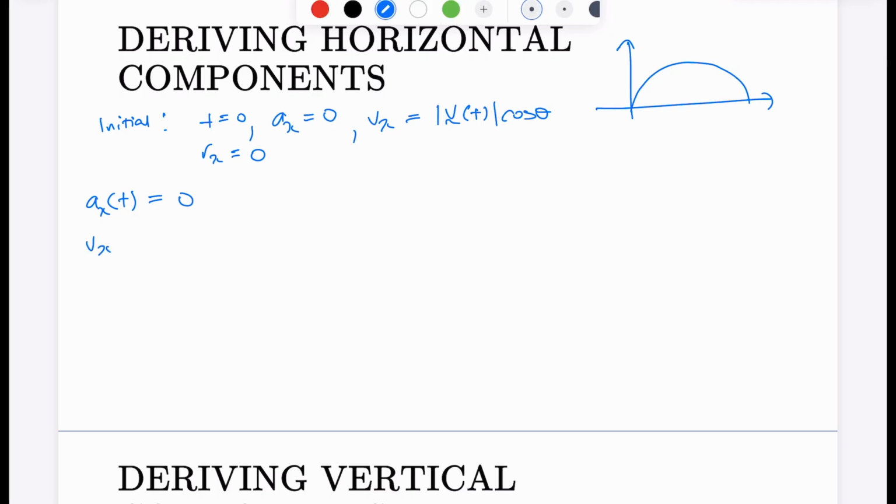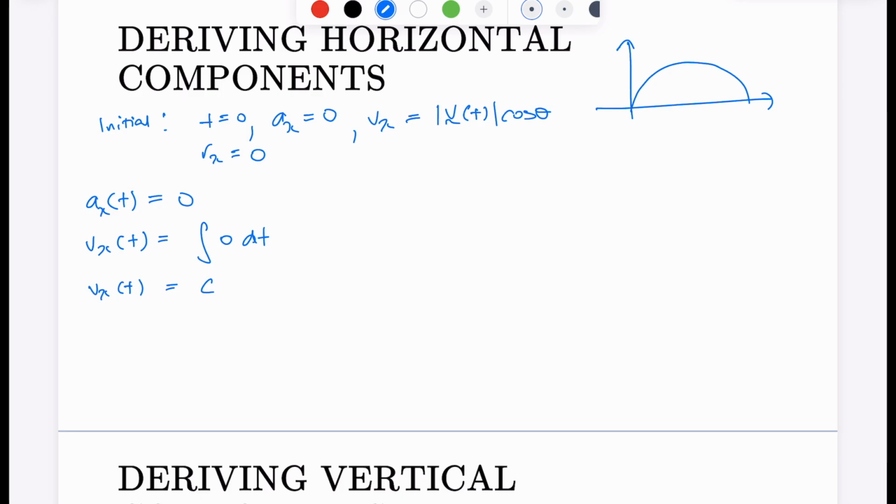Now, to figure out the velocity equation of motion in the horizontal, we need to integrate our acceleration equation of motion. So that's the integral of 0 dt. The integral of 0 is just 0, but we still have to have a plus c.